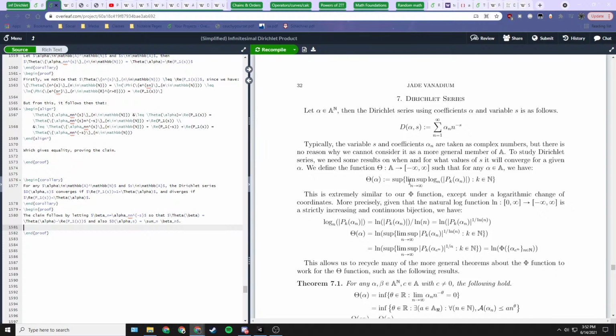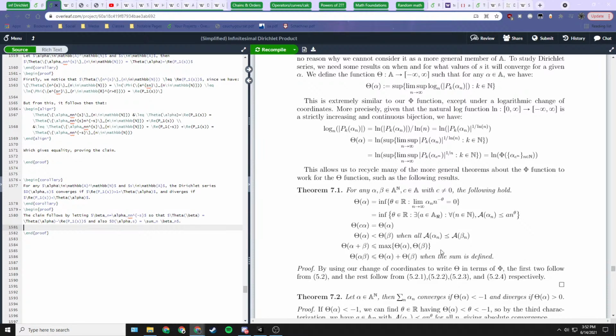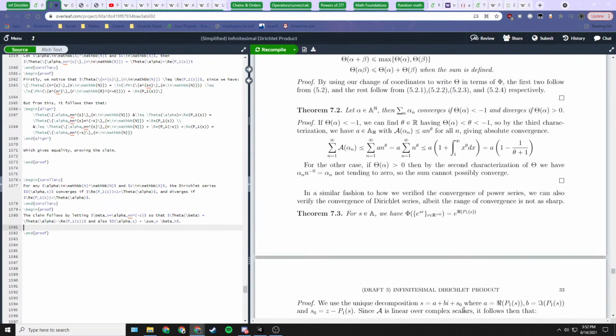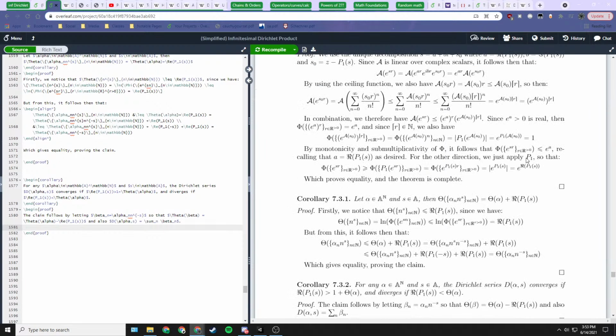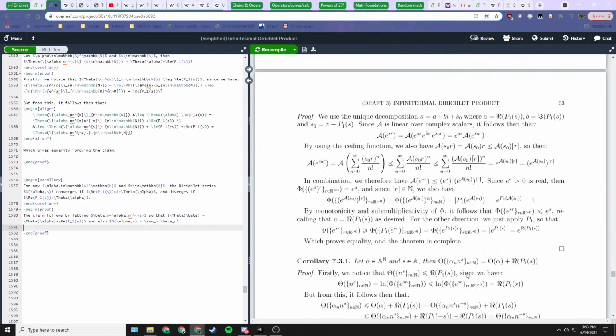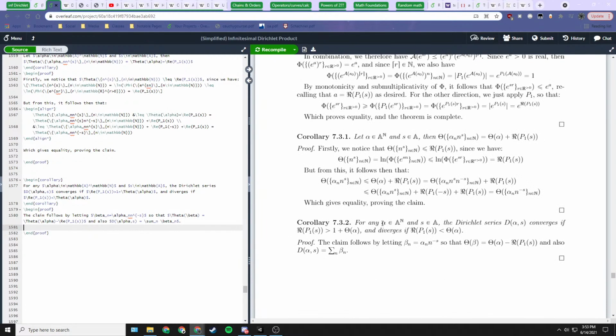So we have this convergence, and actually, we could maybe even go so far as to notice that in this range here, it's differentiable. The function is in fact differentiable, not in terms of alpha, but in terms of s.